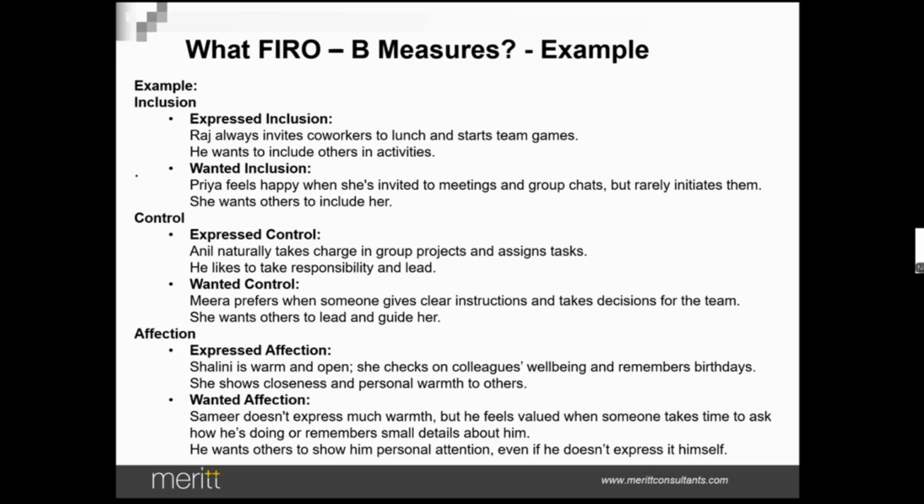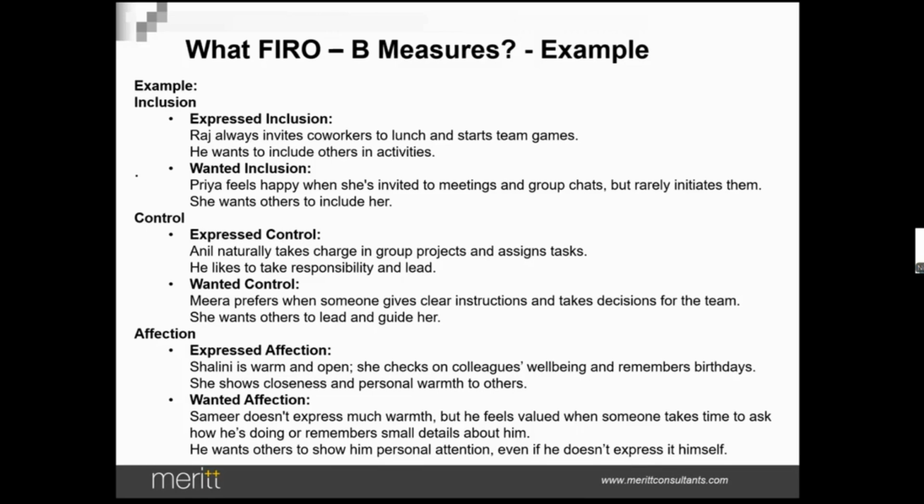Anil takes charge in group projects and assigns tasks. He likes to take responsibility and lead. When some amount of control is there, he likes to do that. On the other side, just look at it. Meera prefers when someone gives clear instructions and takes decisions for the team. Okay. What? She only wants instructions.